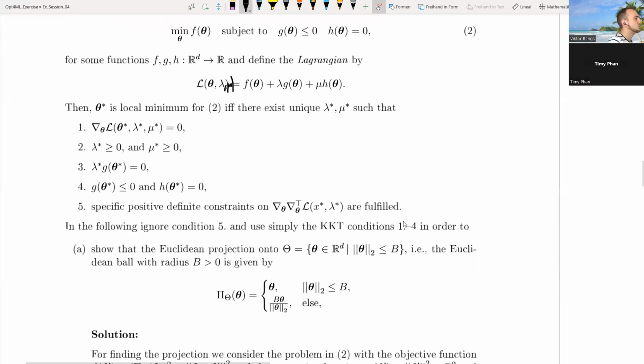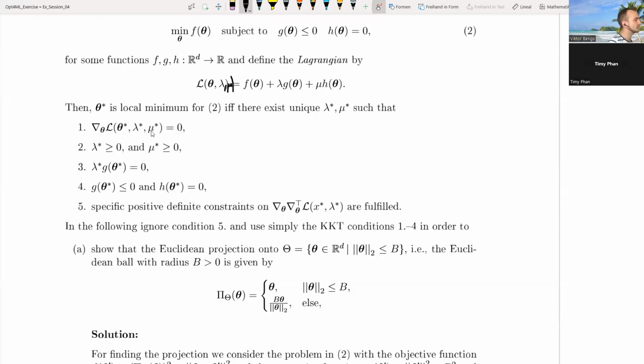And these Karush-Kuhn-Tucker conditions are the following. We can say for sure that theta prime is a local minimum for this constrained optimization problem if we can find these lambda and mu values, or for the case where we have multiple constraints, all of these conditions hold for the multiple lambda and mu values.